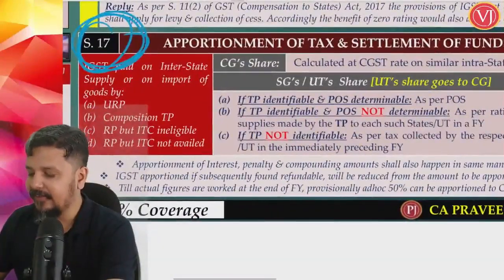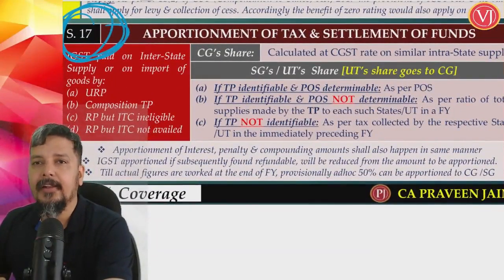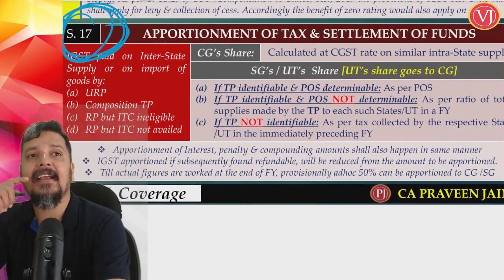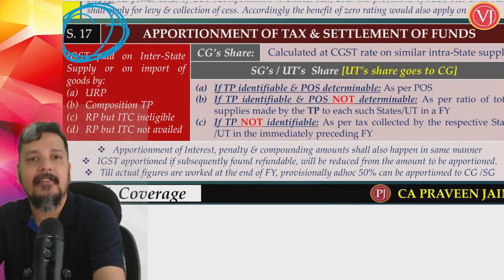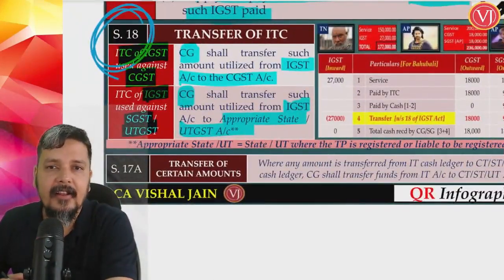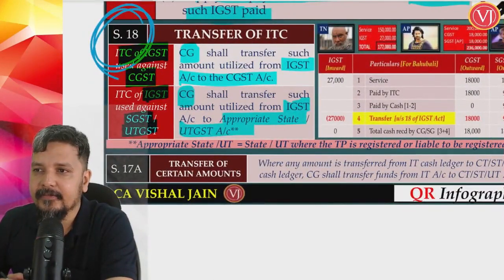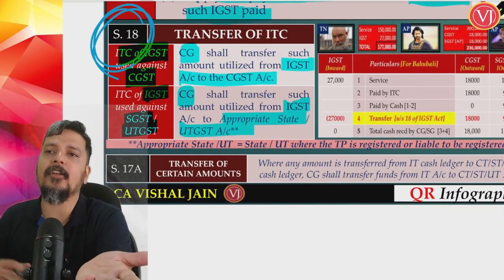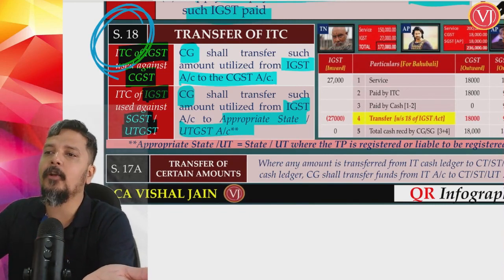Now the last part, section 17. What if IGST revenue is there in the balance? There will be certain IGST credit which will never be taken. If IGST credit is taken, we are going to discuss section 18, and how transfer will be done, we can easily understand. IGST credit used for CGST output permanently goes to the central government.